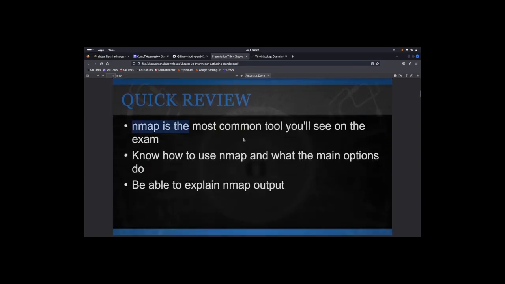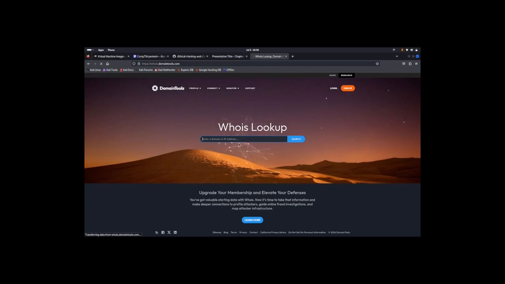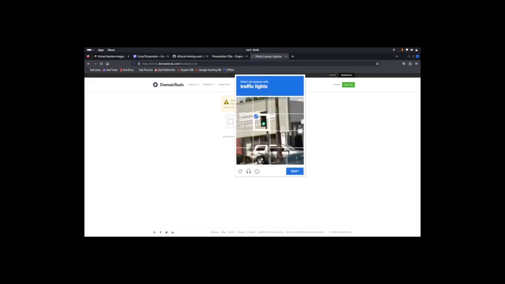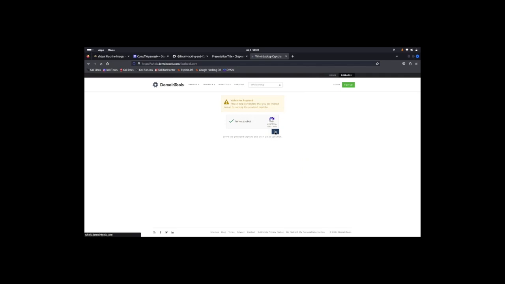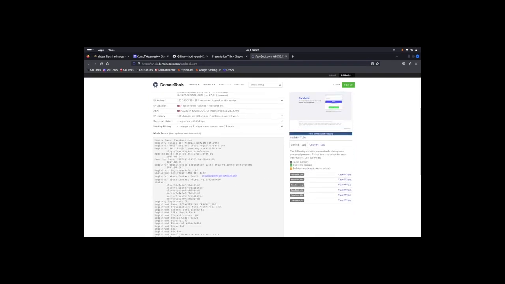So nmap is the common tool you will see in the exam. It's the most popular tool I can ever imagine. Right here if I search facebook.com, and I search it, it's going to give me some basic understanding of Facebook.